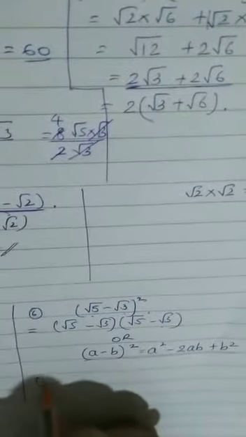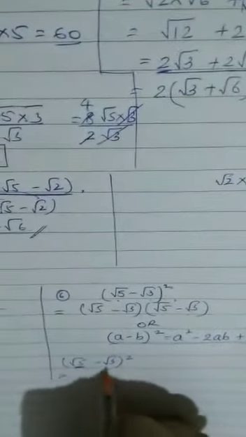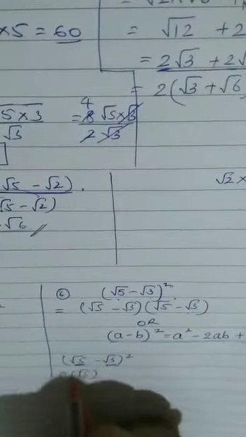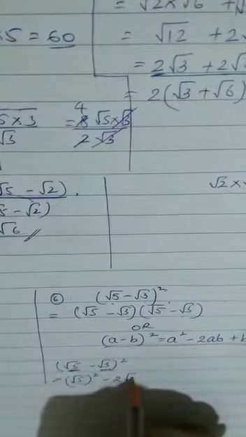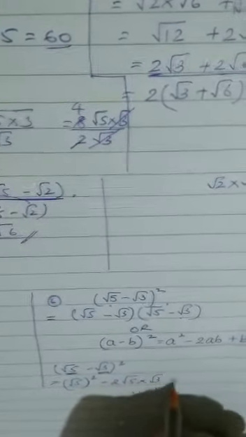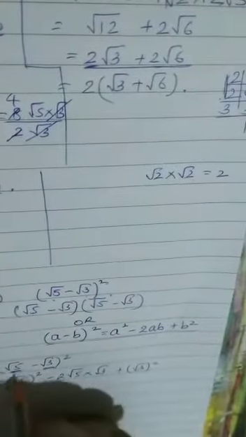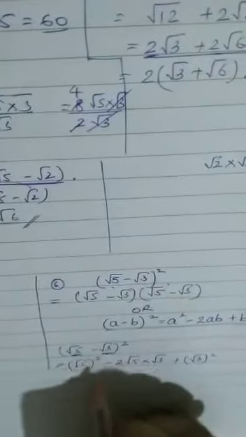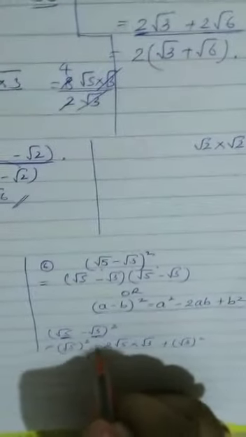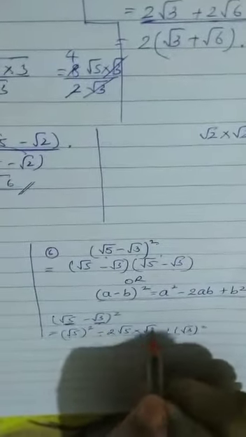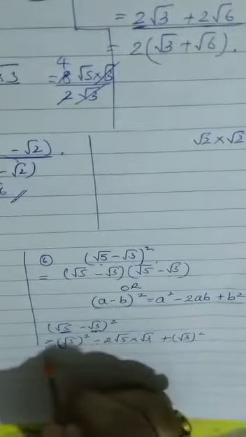Now what is my question? Root 5 minus root 3 the whole square. This is my a, this is my b, so it will be a square minus 2ab plus b square. A was root 5, b was root 3. So root 5 the whole square minus 2 times root 5 into root 3 plus root 3 the whole square.